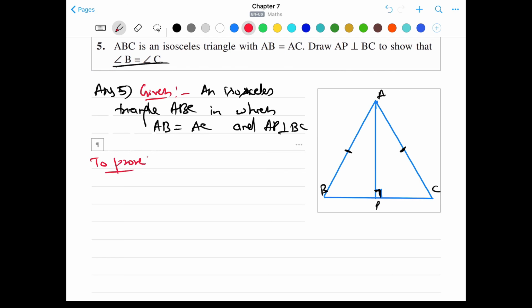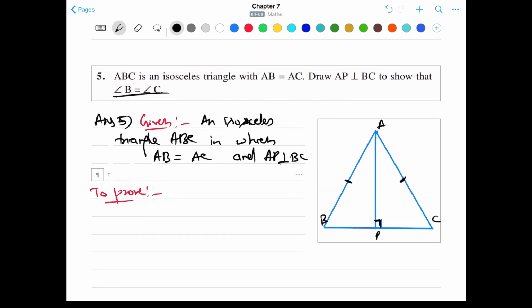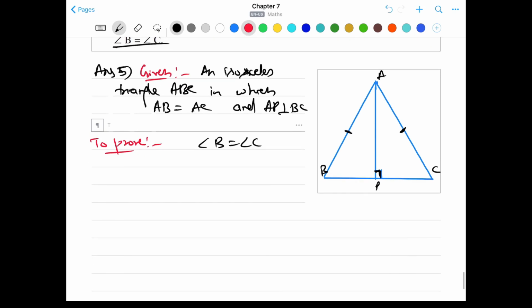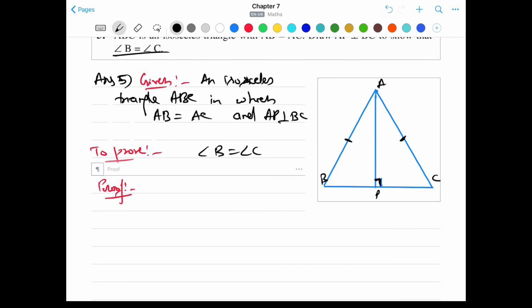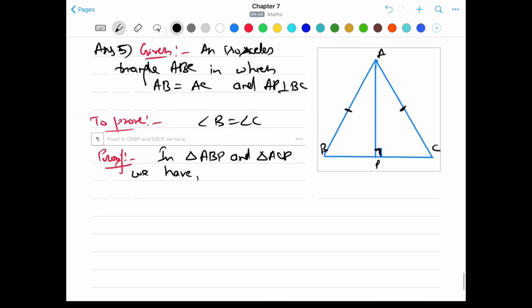To prove, we have to prove that angle B is equal to angle C. Okay, let's start the proof now. Proof: in triangle ABP and triangle ACP, we have one angle of 90 degrees.